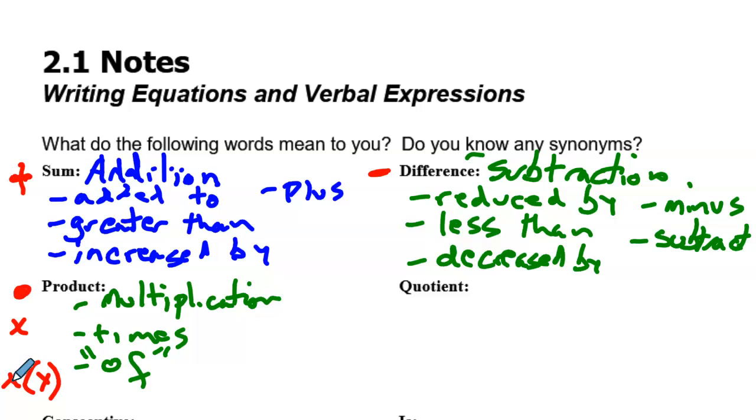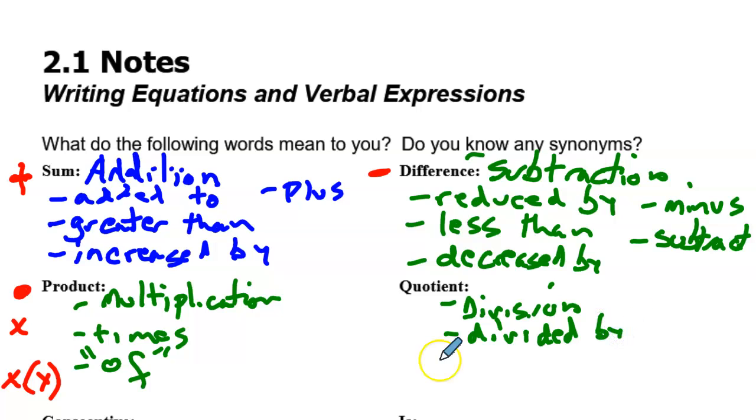Finally, well, not finally, quotient is when we have a division problem. You'll also see the word divide or divided by. You'll see ratio.